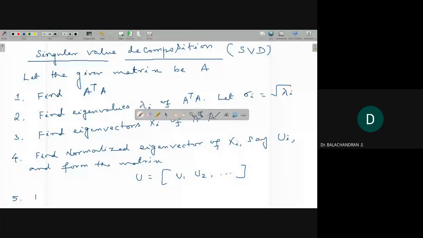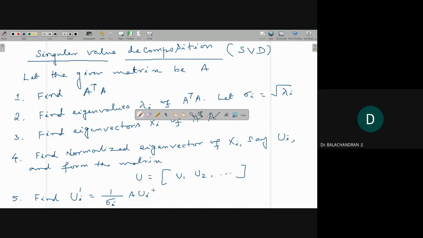Find Ui dash equal to 1 by sigma i into capital A into Ui.